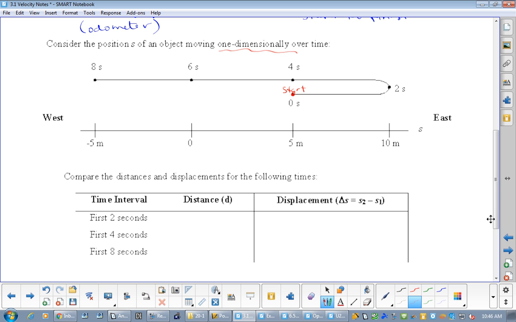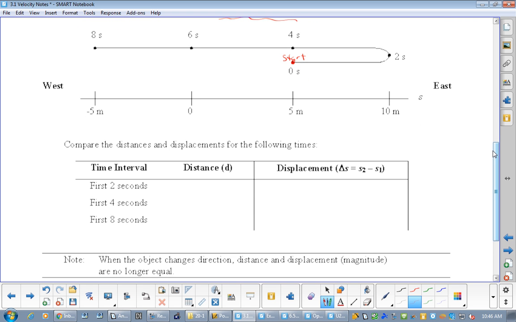Now after 2 seconds, what is the distance I have gone? 5 meters. What is my displacement? 5 meters. Remember, displacement is S2 minus S1. S2 is 10 meters minus 5 meters equals 5 meters.